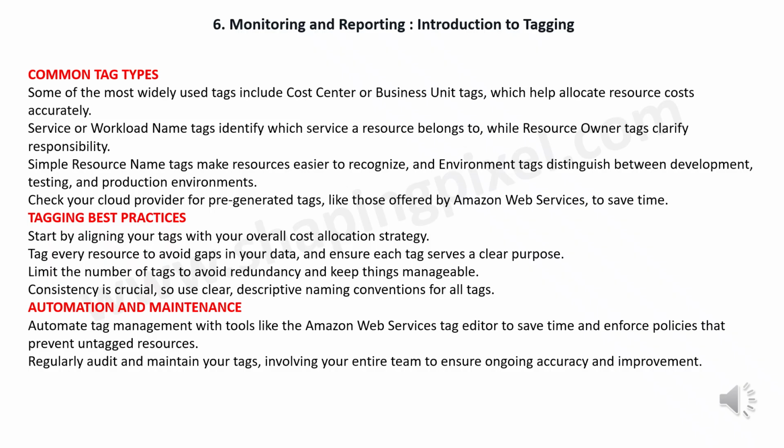Service or workload name tags identify which service a resource belongs to, while resource owner tags clarify responsibility. Simple resource name tags make resources easier to recognize, and environment tags distinguish between development, testing, and production environments.